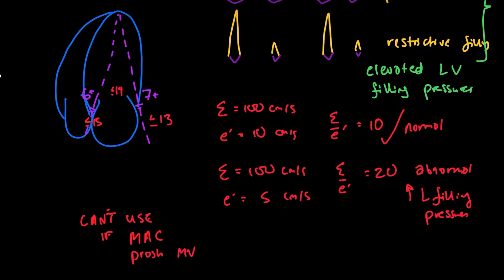But otherwise, you can use this in normal ejection fraction, you can use this in reduced ejection fraction, you can use this in AFib. And actually, on the subject of ejection fraction, many of the other parameters that we use to estimate left-sided filling pressures cannot be used if you have a normal ejection fraction. This is one of the few ones that can be used with a normal or reduced ejection fraction. And the average value, one more time, should be less than or equal to 14.